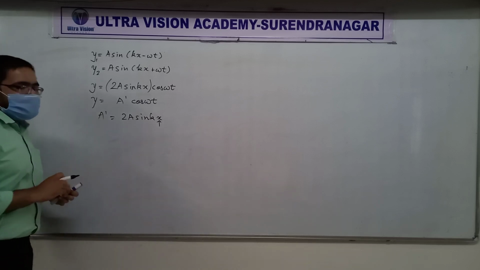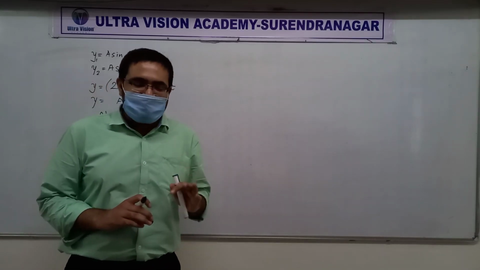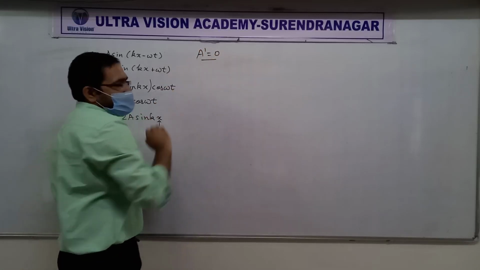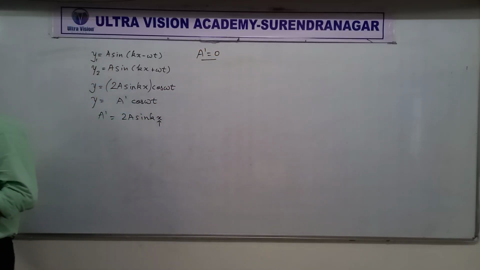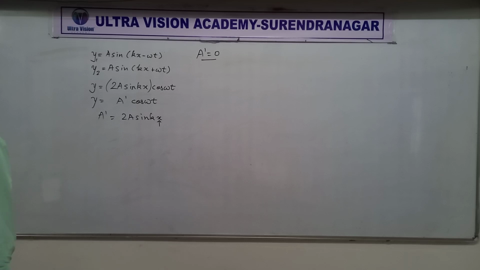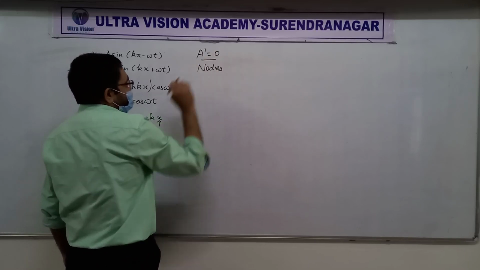Okay. So therein we found specific points where the amplitude is 0. What are these points called, everyone? Nodes, very good. They are called nodes. Nodes are those points that have amplitude 0.